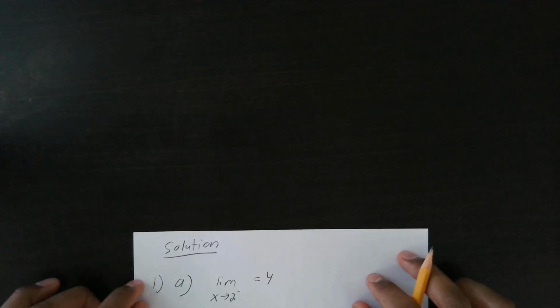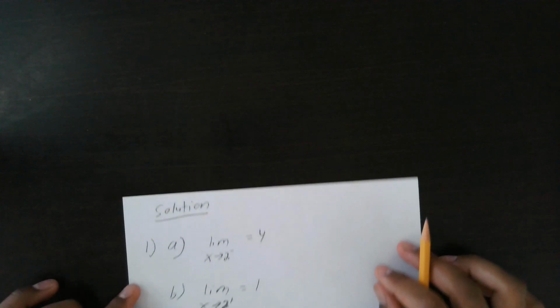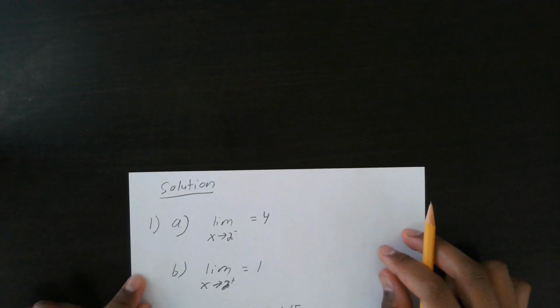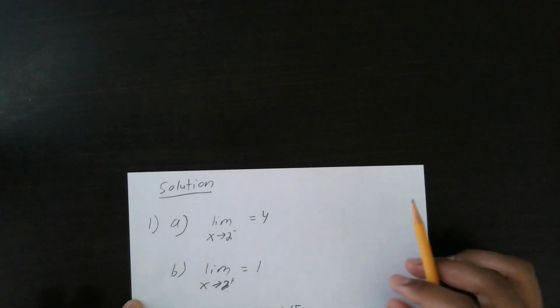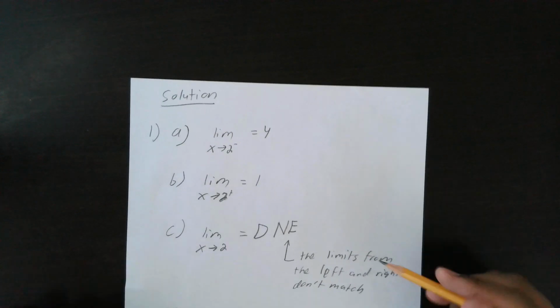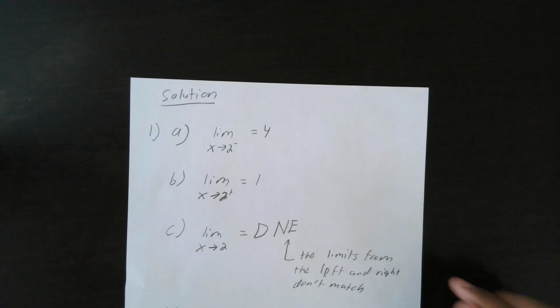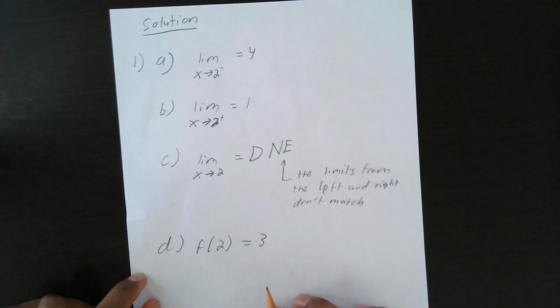Alright, so here are the solutions. For problem A, the limit as x approaches 2 from the left side is 4. The limit as x approaches 2 from the right side is 1. Since these two limits are different, the limit does not exist. And finally, the value of the function at 2 is equal to 3.